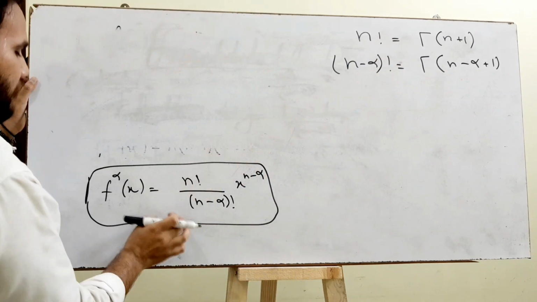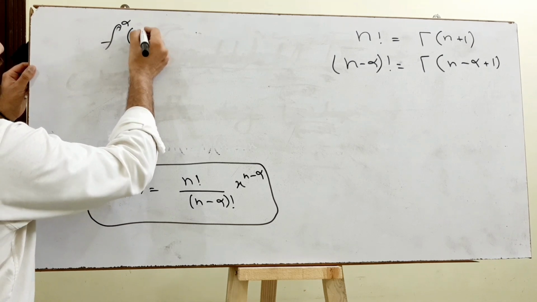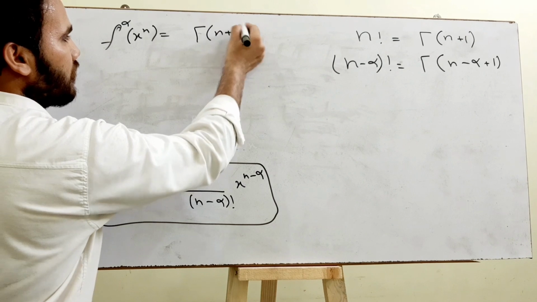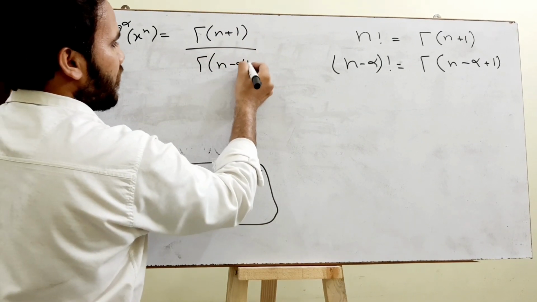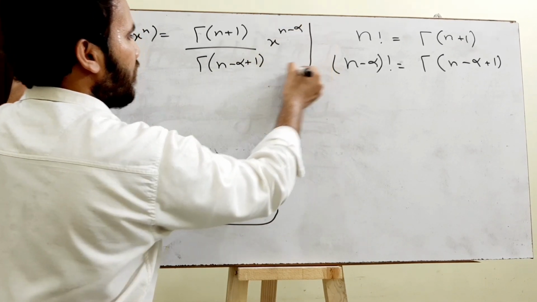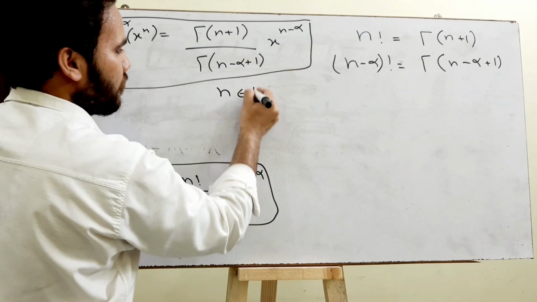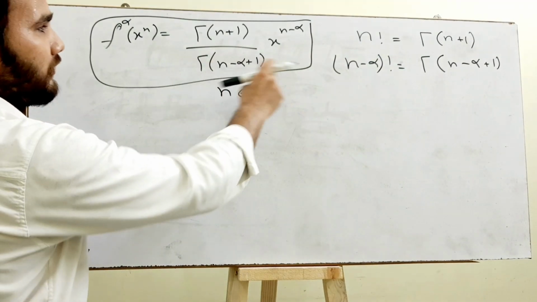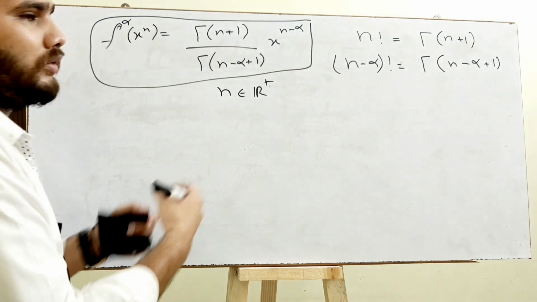Using these facts, this result will be the alpha derivative of x^n equals gamma of n plus 1 divided by gamma of n minus alpha plus 1, times x^(n-alpha). Now this n belongs to the positive real numbers. We have changed our domain of n from positive integers to positive real numbers. It works for all positive real numbers.